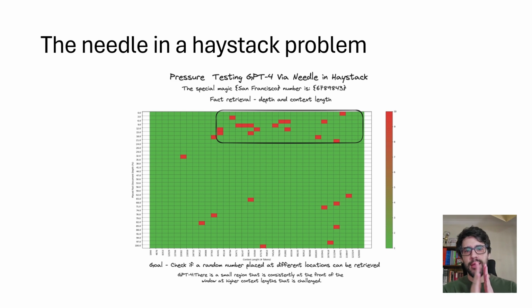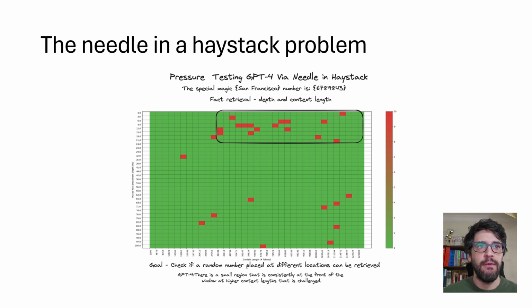So on the x-axis you have the size of the prompt, and on the y-axis you have where you placed that information. Did you place it at the beginning of the prompt, in the middle, or at the end? And you construct this heat map. Then you test the ability of the LLMs to retrieve this needle, this information. So this needle in a haystack test is going to evaluate the model's capacity of fact retrieval.